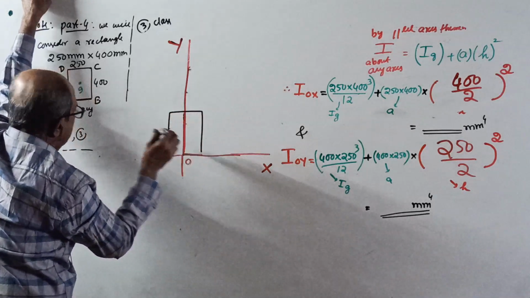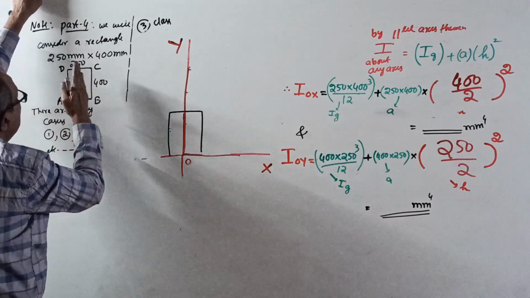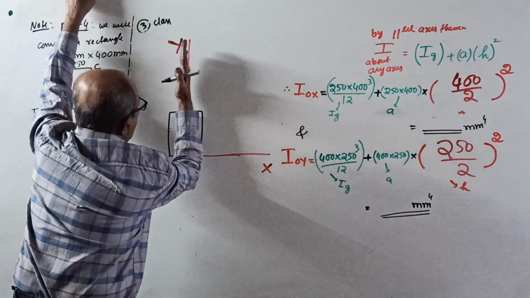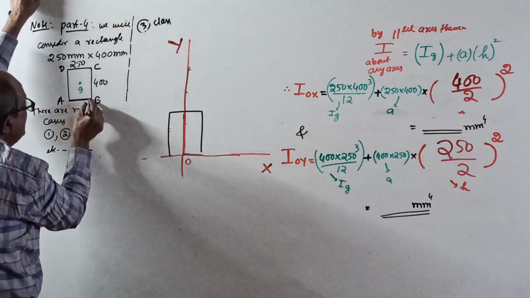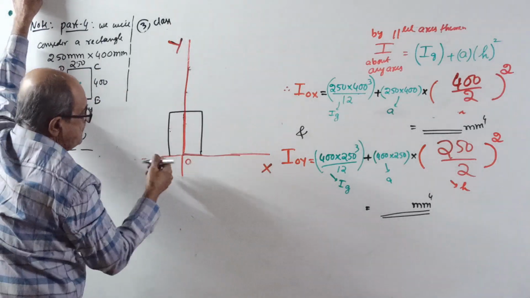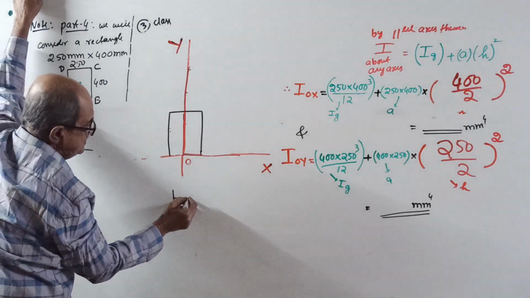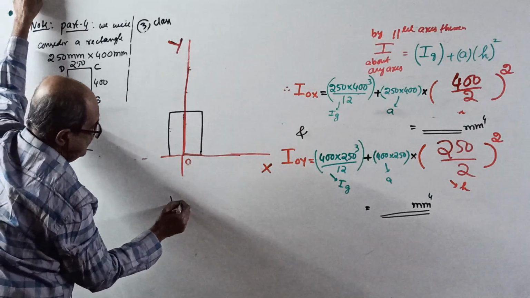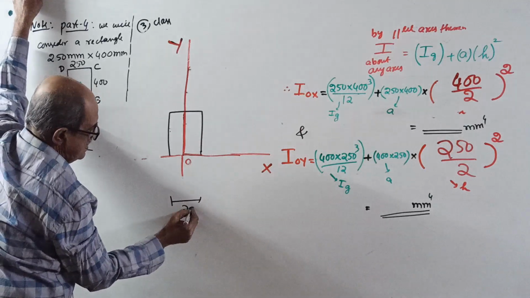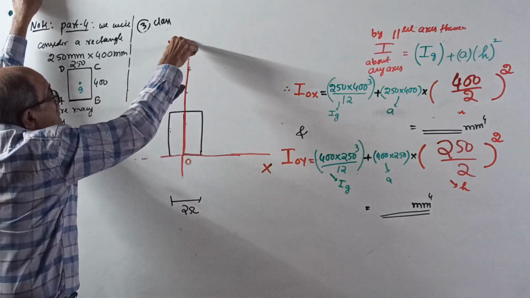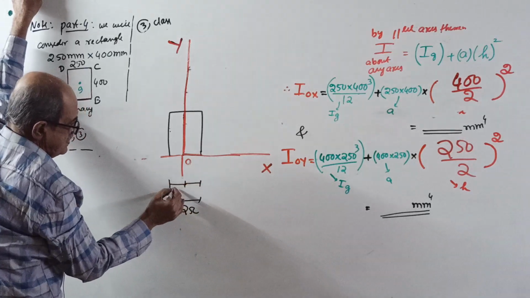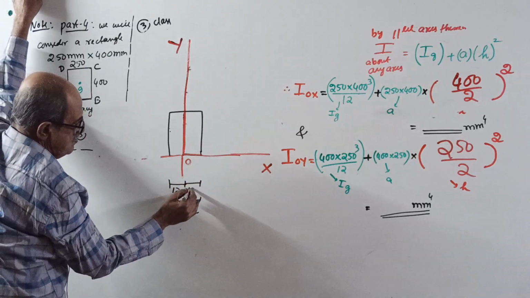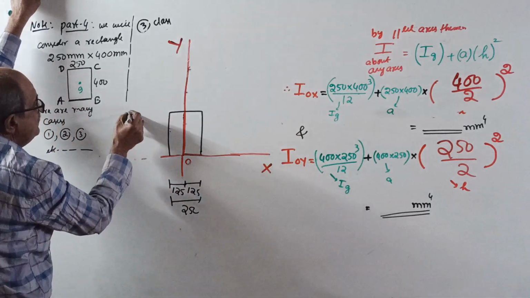See here, A, B, C, D. So now this is how much? This is 250. They told symmetrically placed with respect to OY, therefore both these are how much? 125, 125. Whereas this is 400.